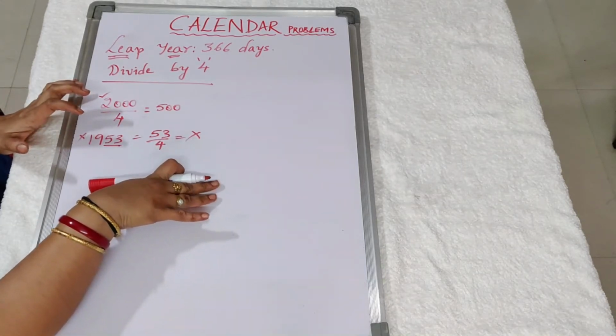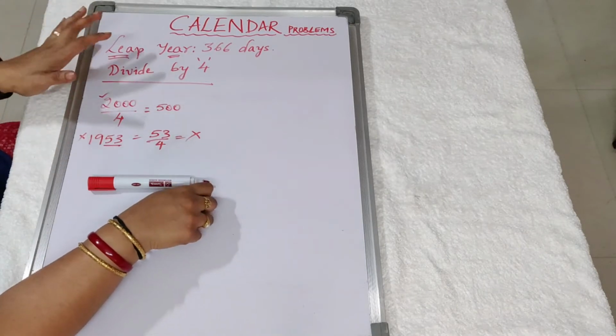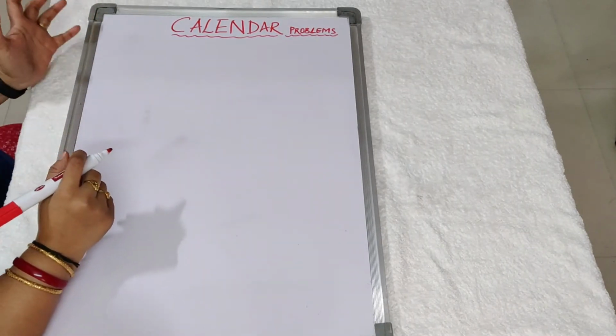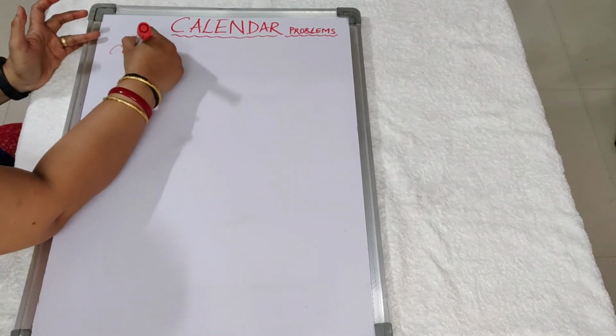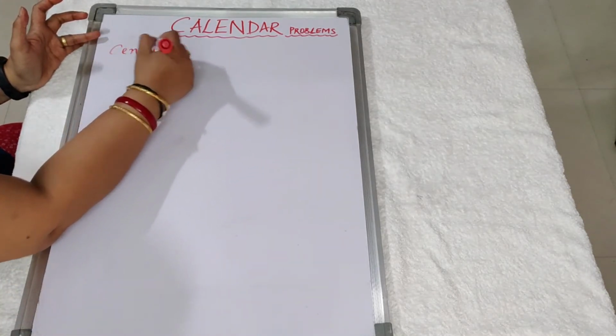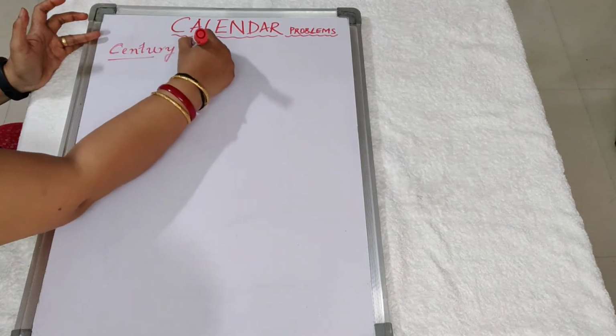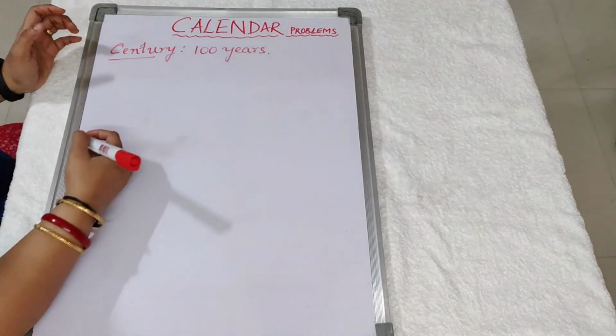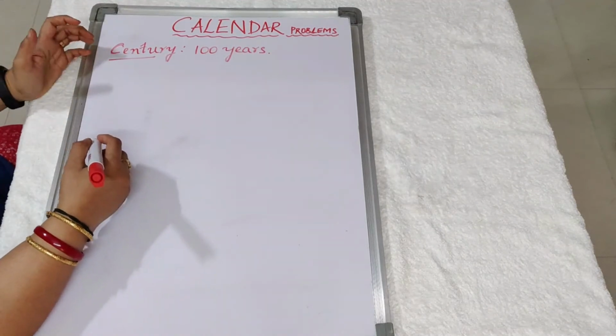Let's quickly move on to the century codes. Okay, let's talk about centuries now. A century, we all know, is 100 years. Now what are we going to do with this century?